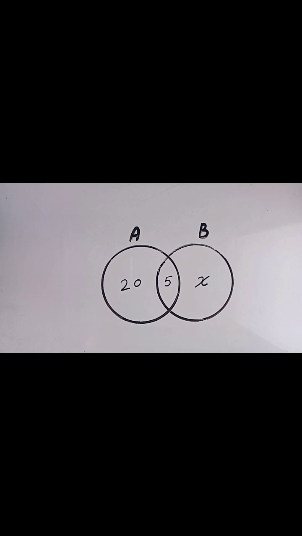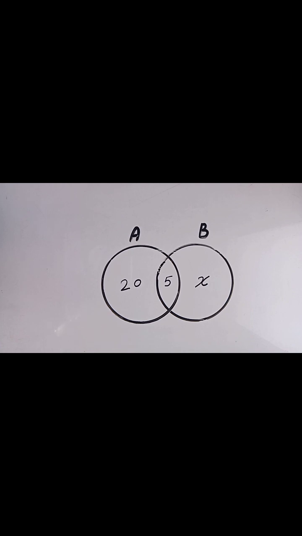We have written there. For A we are given that number of members for the set A equal to 20. This is written there. And the number of members in the set B we have to find out. So for the purpose we have represented it by a variable x.